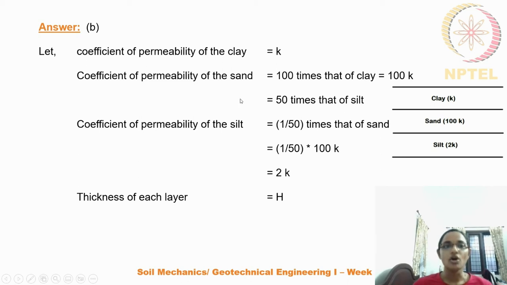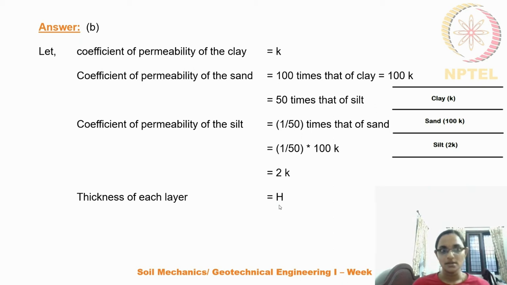That means coefficient of permeability of silt is 1 by 50 times that of sand, that means 1 by 50 into 100K, or 2K. Already thickness they have given as capital H. Is that clear till this point, how I took the coefficient of permeability for each layer from what is mentioned in the question?